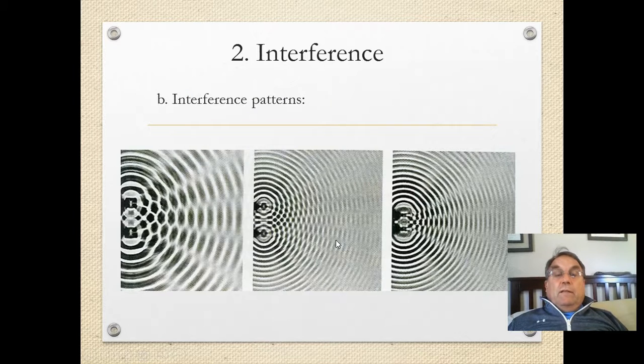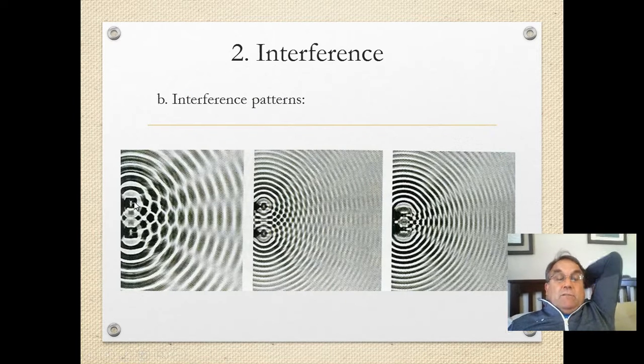Okay, now when we look at that with light, imagine that these are two identical light waves that are near each other and that have interaction with each other. You can see that there's constructive and destructive interference patterns.